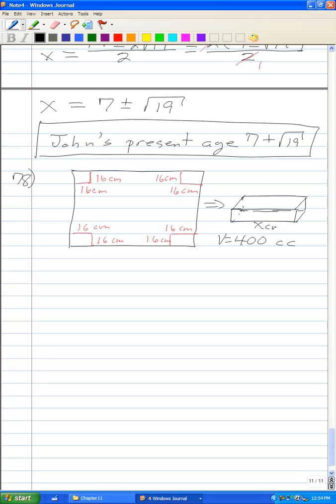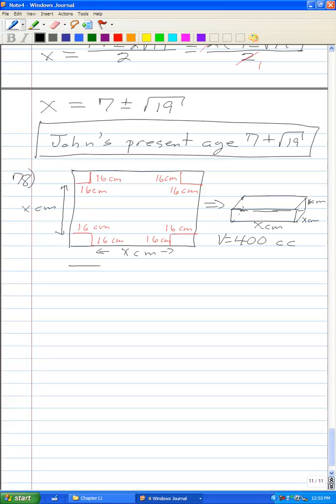Okay, so let's call it x centimeters, x centimeters. I certainly already know that this height here is 16 centimeters. Okay, and so that means that this is x centimeters, and that this here is x centimeters.